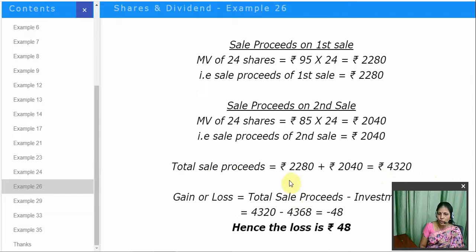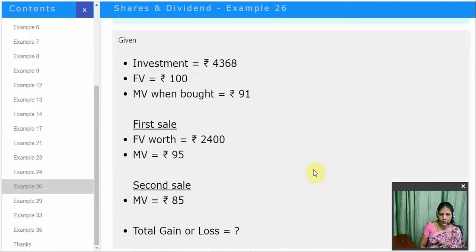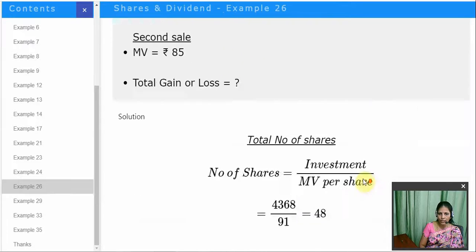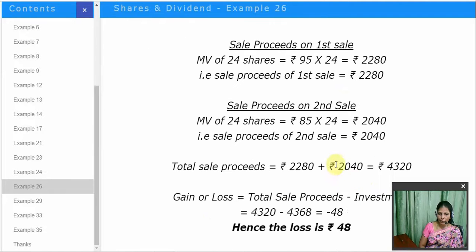So this is his total sale proceed, that is first time he sold 24 shares, second time again he sold the remaining 24 shares, and now after selling all his shares, what is the amount he is having in his hand? He is having 4320. First time, what was his investment in the market? This is his investment, 4368. That was the investment in the beginning.